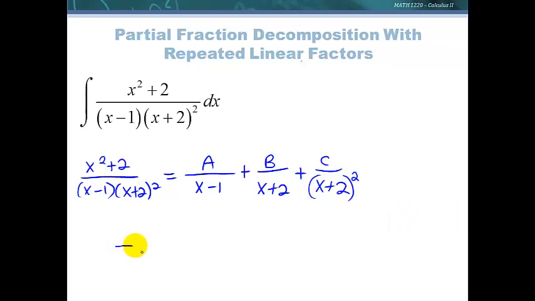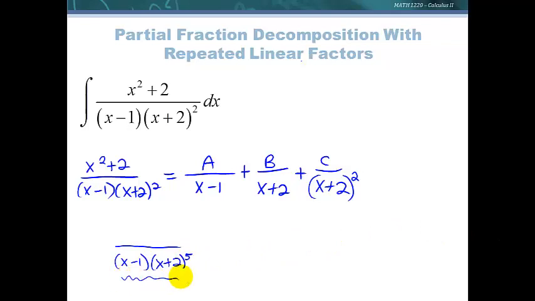So in general, if the denominator had an x minus 1 and an x plus 2 to the fifth, when you are looking at the partial fraction possibilities, you'd have to have one that had an x minus 1, one that has an x plus 2 to the fifth, another one with x plus 2 to the fourth, another with x plus 2 to the third, another with x plus 2 squared, and then a last one with x plus 2, because when you get the common denominator of all of these, it would look like this.